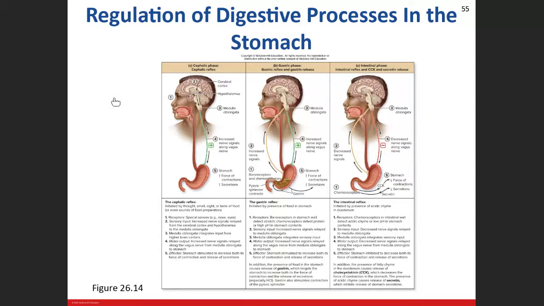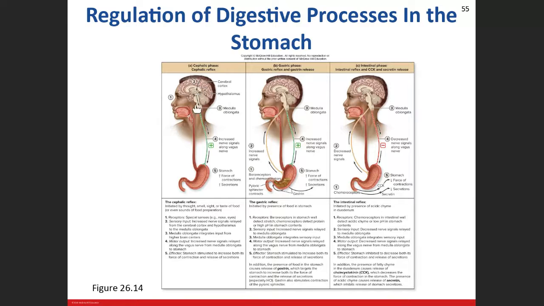If you see food, think about food, or smell food, you will start the cephalic phase. If you're in your living room and you hear somebody in your kitchen chopping up food, you can start this phase right there.